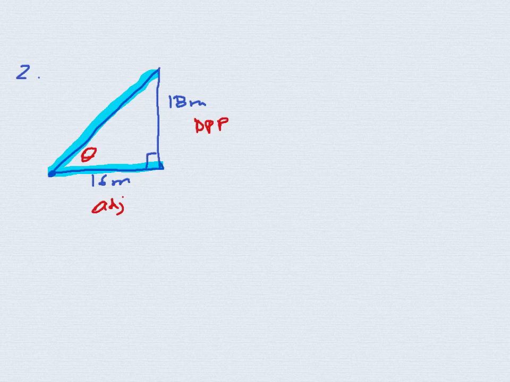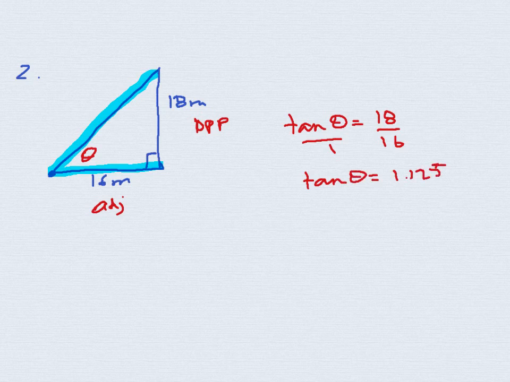Therefore, you are required to use the tan ratio again, because the tan of the unknown angle is going to equal the opposite of 18 divided by the adjacent of 16. Put that over a 1. So you multiply 18 by 1 and divide it by 16. As a ratio, you're going to get a value of 1.125.